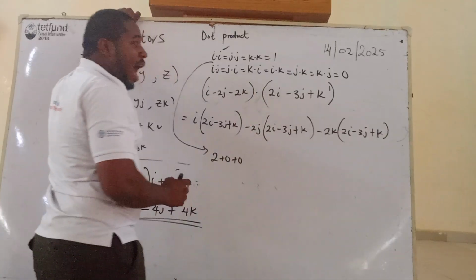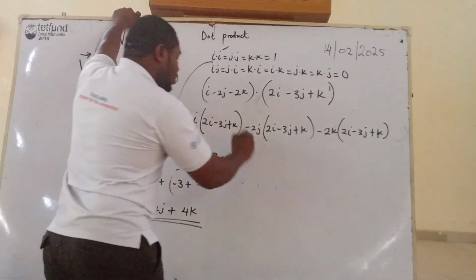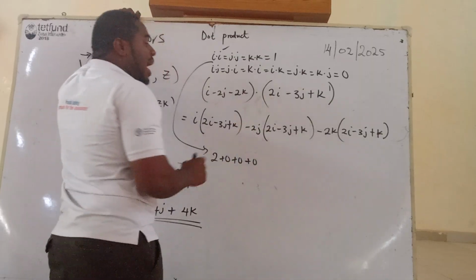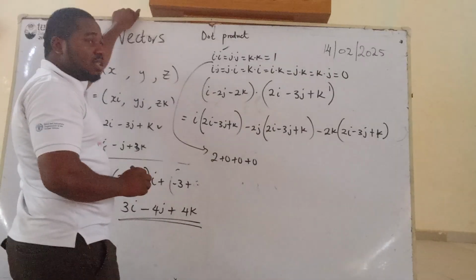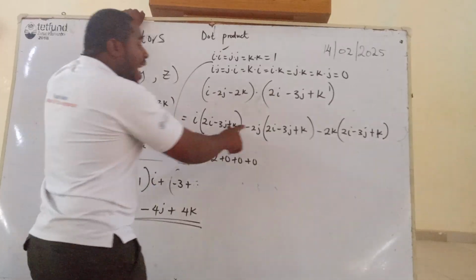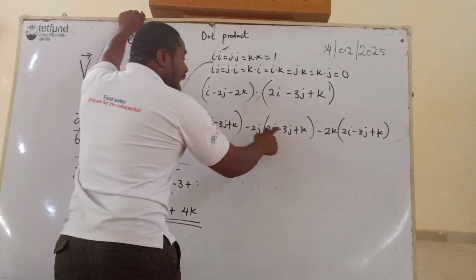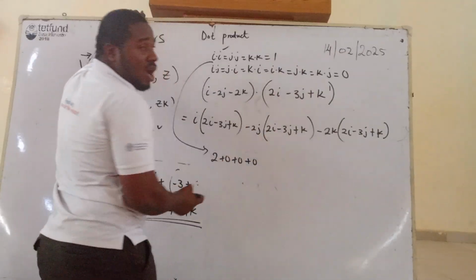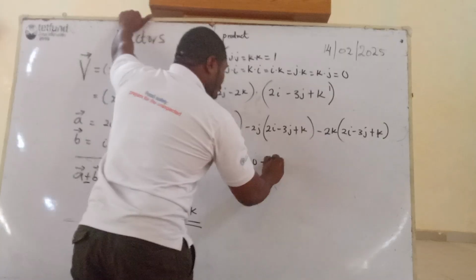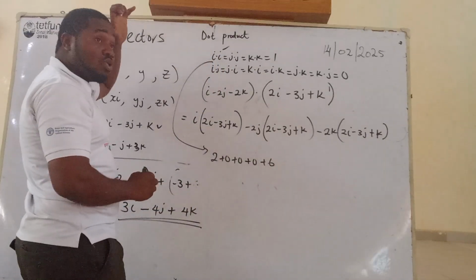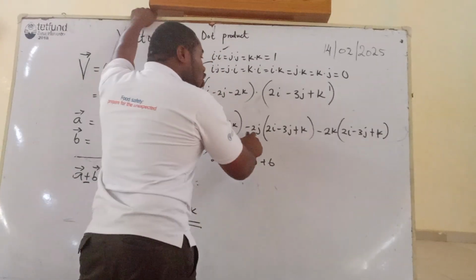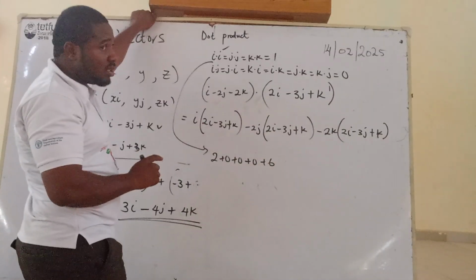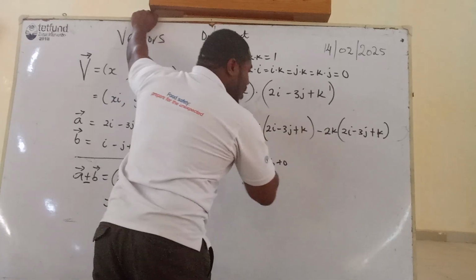What about this? 2j multiplied by 2i is going to be 0. But 2j multiplied by 3j: j and j is 1, 3 and 2 is 6, and minus and minus is plus, so we have plus 6. Minus 2j dot k is 0, plus 0.